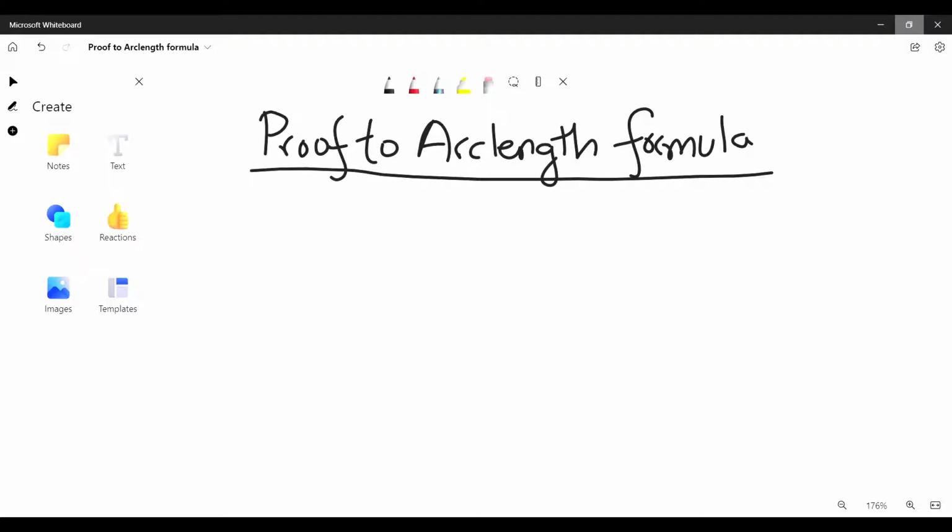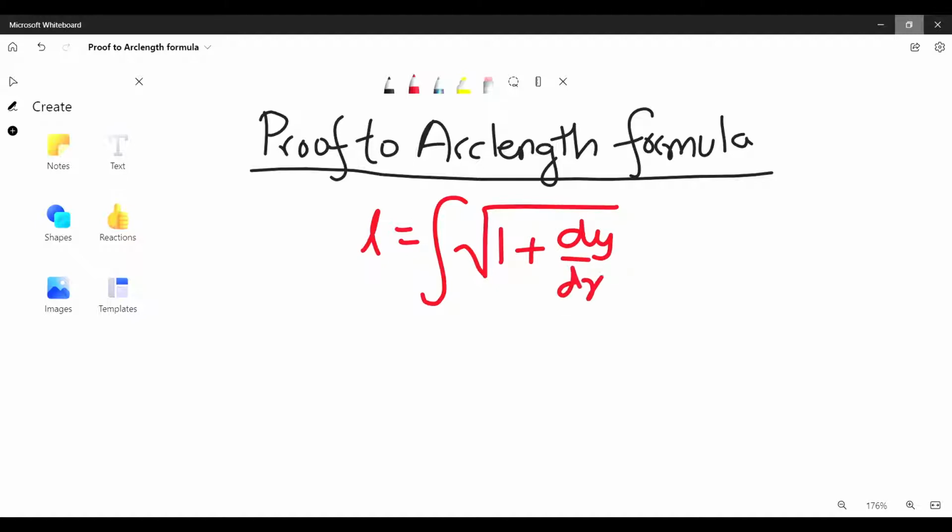Hi everyone, this is my video on the proof of the general arc length formula for a function or a relation, it doesn't matter. We know that L is equal to the integral of root of 1 plus (dy over dx) whole squared, dx.